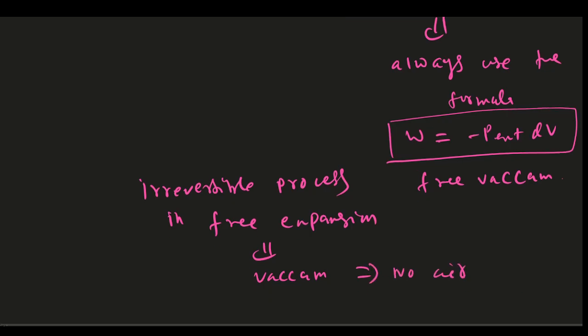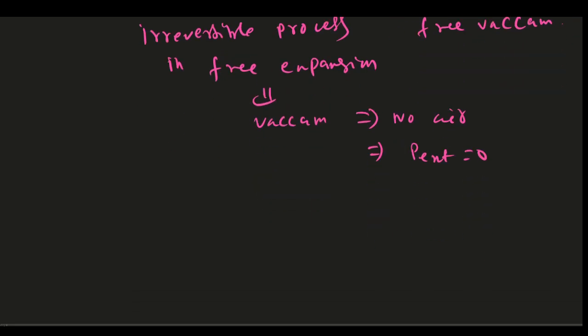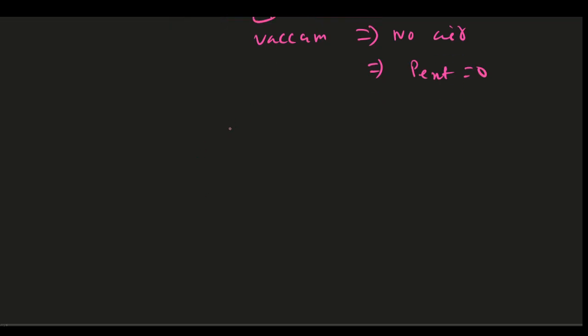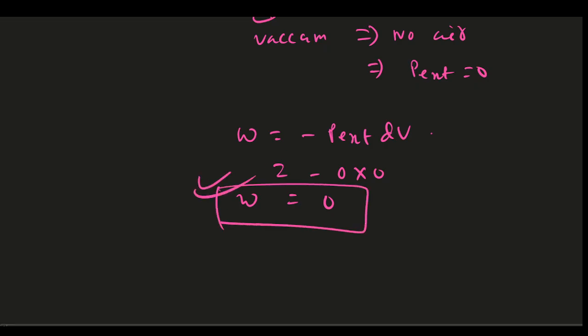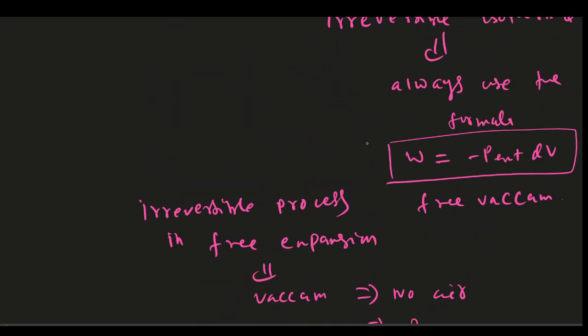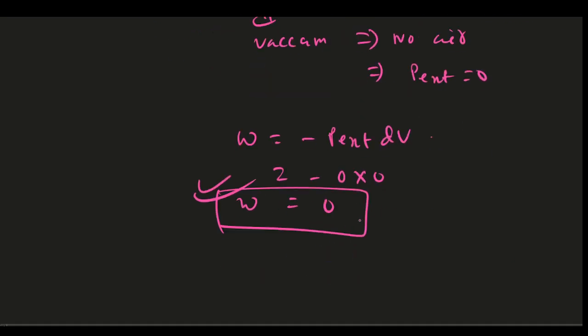No air means P external is 0. So if P external is 0, then the work expression is minus P external dV, and 0 times dV is 0. So except for free expansion, for an irreversible process always use this formula, and if it is free expansion, then W becomes 0.